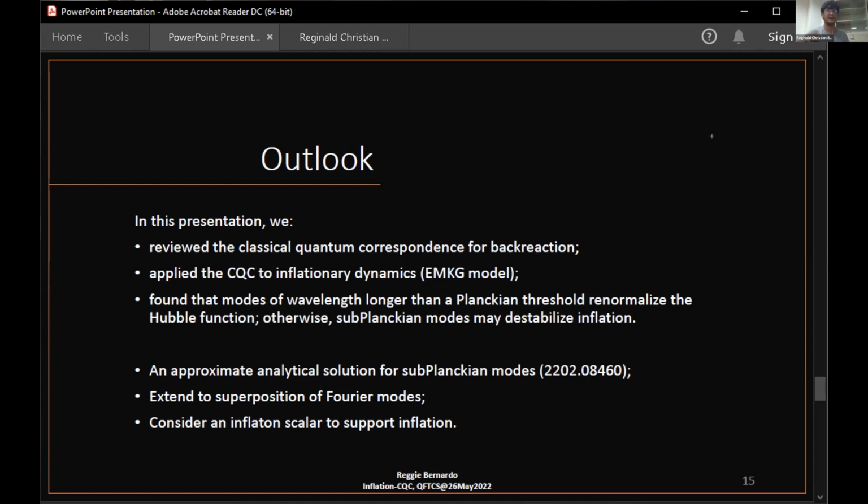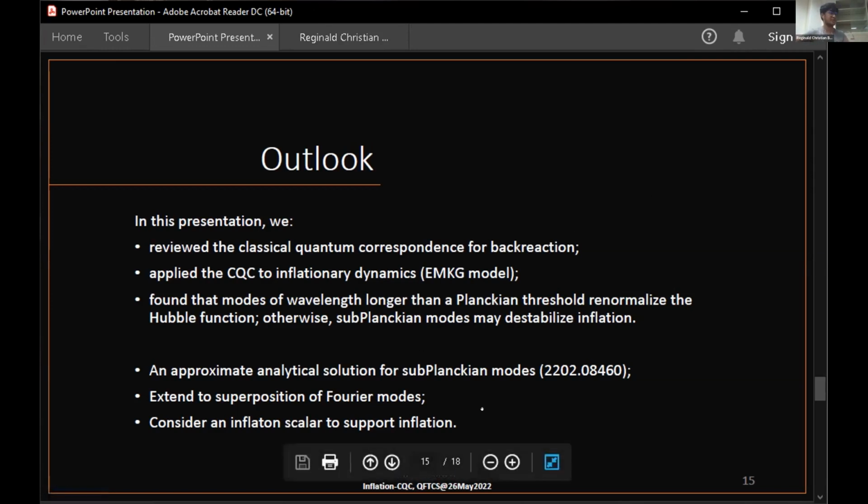I also haven't considered the renormalization of the fields. Of course, we know from bare flat space quantum field theory that if you add all of these modes, that's another problem that is going to require renormalization and regularization. I haven't dealt with that, so it's just considering one mode and checking how the space-time is going to respond to that.